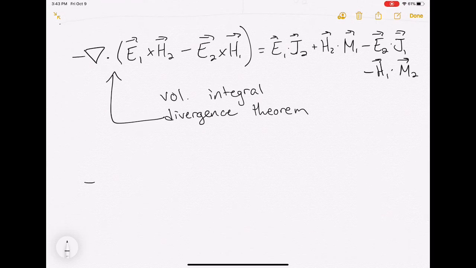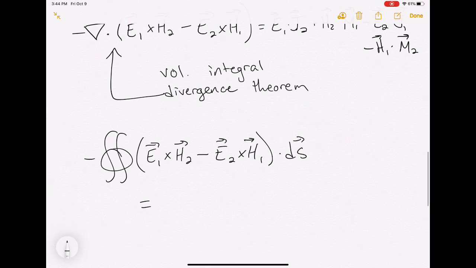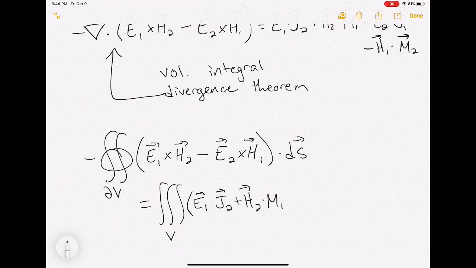So then what we get is that minus the surface integral of these two cross products, E1 cross H2 minus E2 cross H1 dot dS is equal to a volume integral, and obviously the surface integral happens over the boundary of that volume, E1 dot J2 plus H2 dot M1 minus E2 dot J1 minus H1 dot M2 dV.